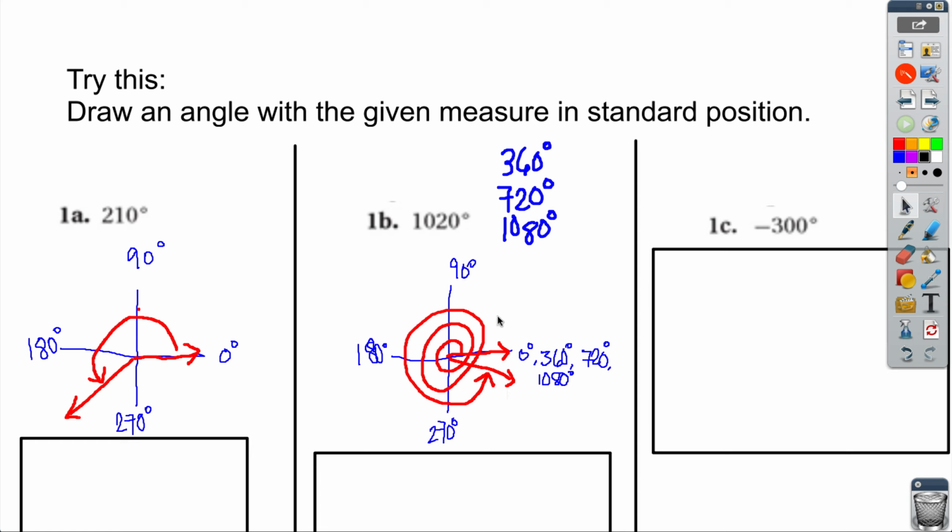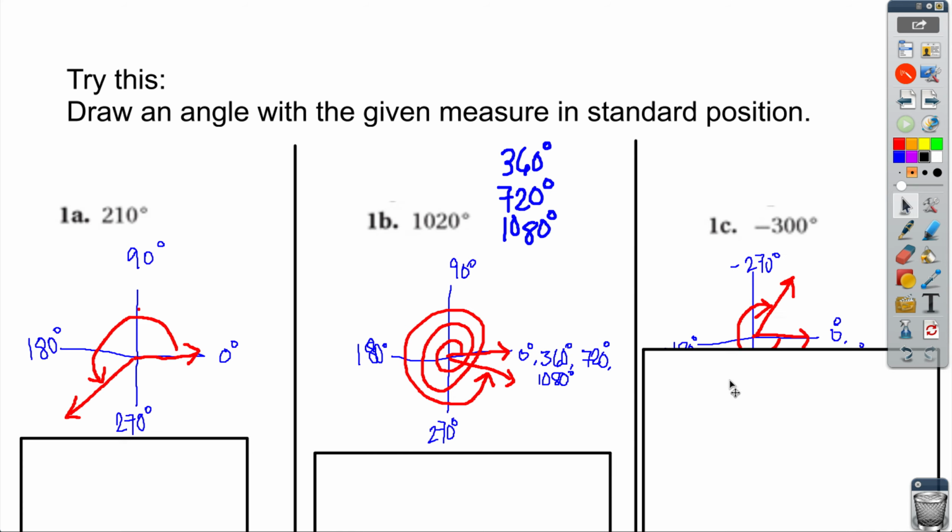Okay, in the next example, you have negative 300 degrees. All right, so now you have a negative measurement. You're going the opposite direction. Let's take a look at the given graph.